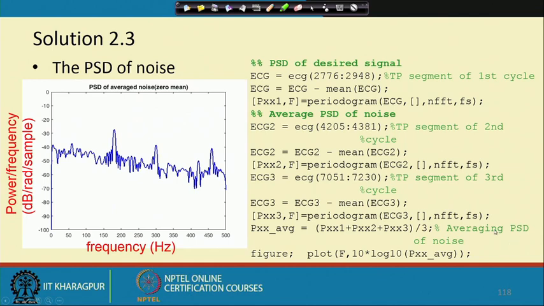And what we get, the frequency response is more or less flat, much flatter compared to the signal. So, that is the PSD of the noise.